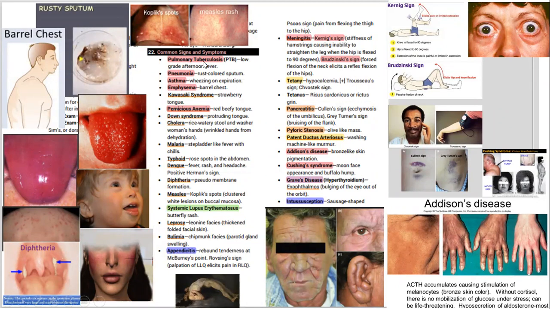Pulmonary tuberculosis. Pulmonary tuberculosis is an infectious bacterial disease characterized by the growth of nodules or tubercles in the lungs. Usually the patient presents with cough with a thick sputum, and the sputum may contain blood.